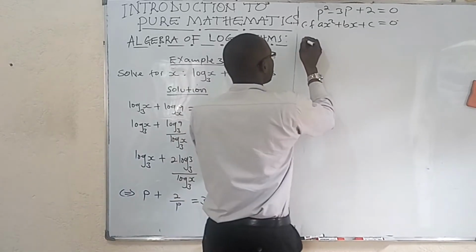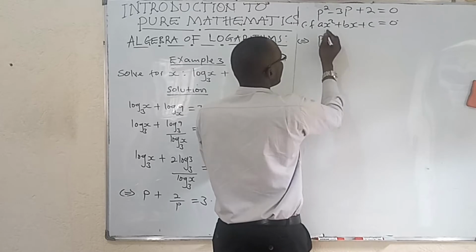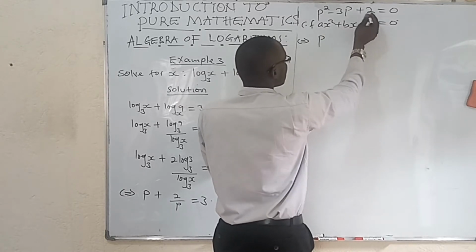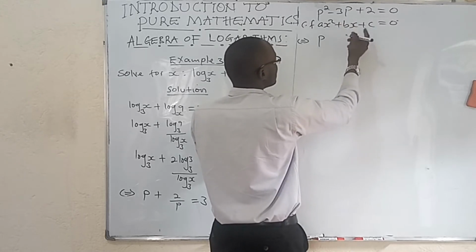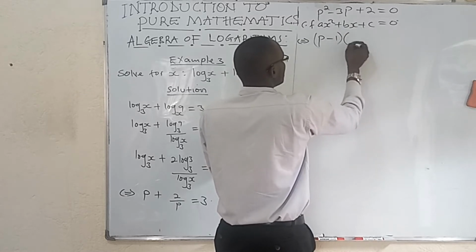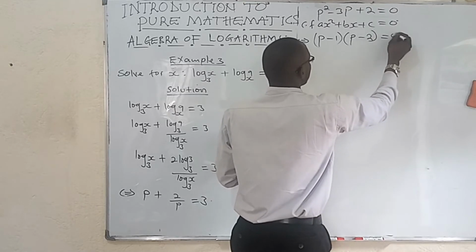So this implies that when we factorize the whole of this, I'm seeing the product of the quadratic coefficient and the constant is 2. So the factors of 2 are 1 and 2, so negative 1, negative 2. So p minus 1 into p minus 2 is equal to 0.